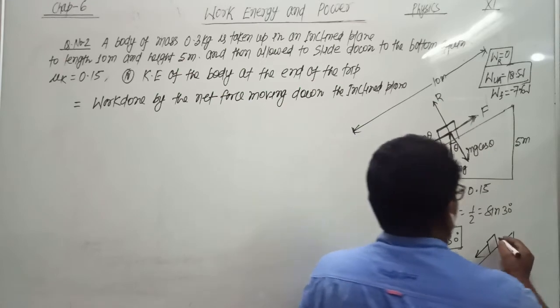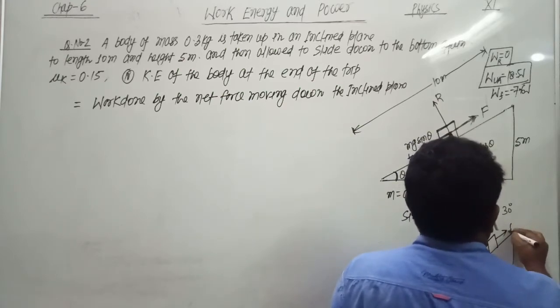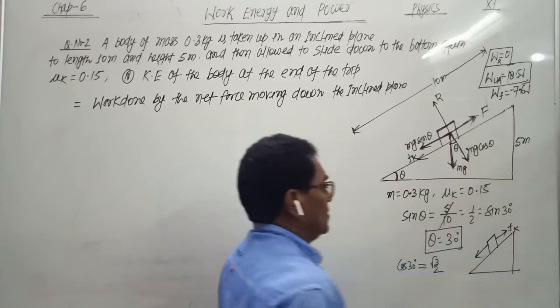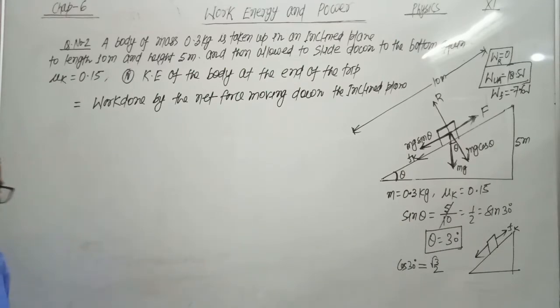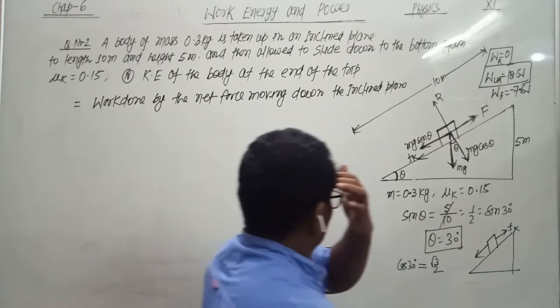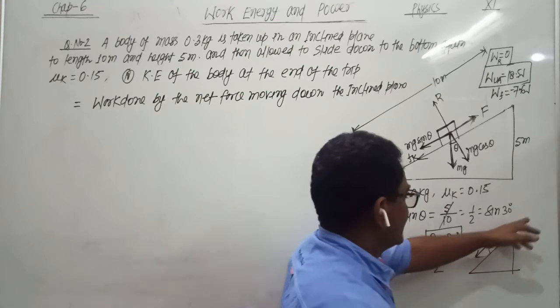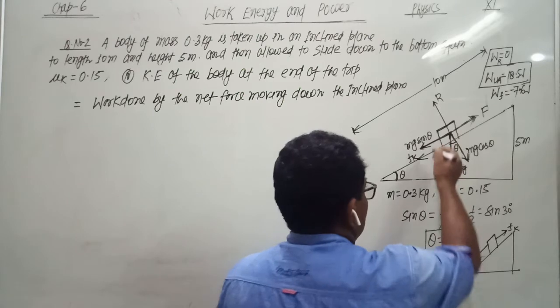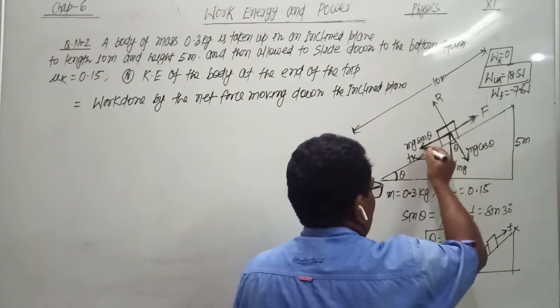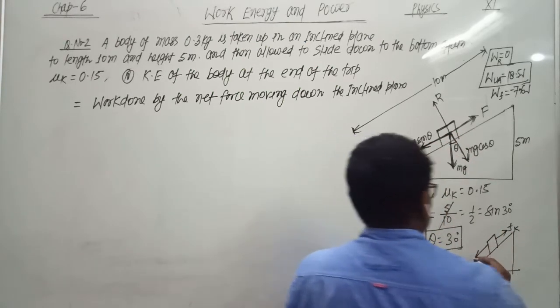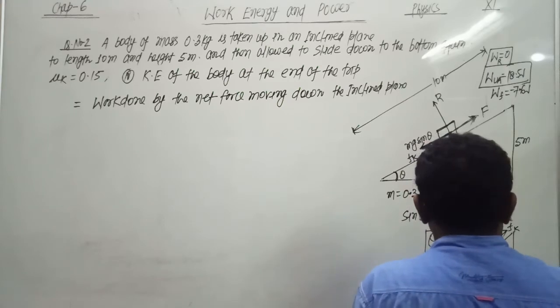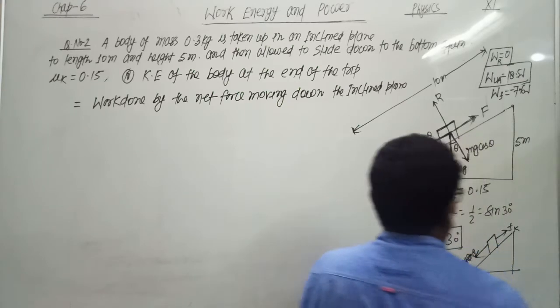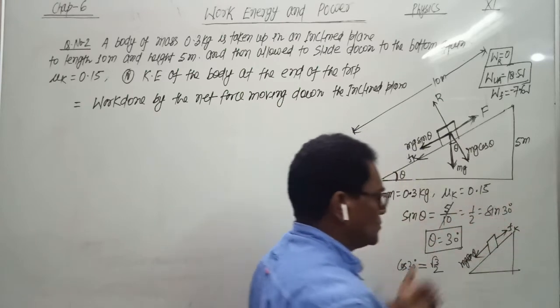the force of friction acts in the upward direction. Force of friction acts in the upward direction when the body is going down. So mg sin theta must be greater than Fk because the body is going down.